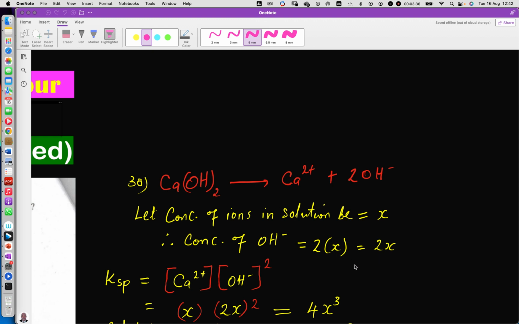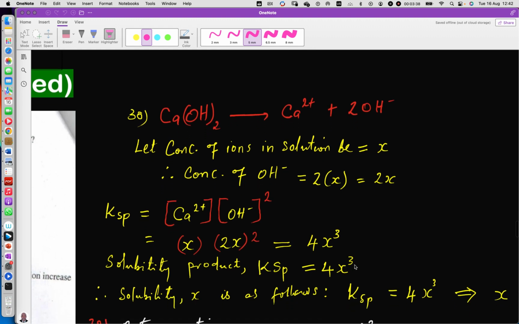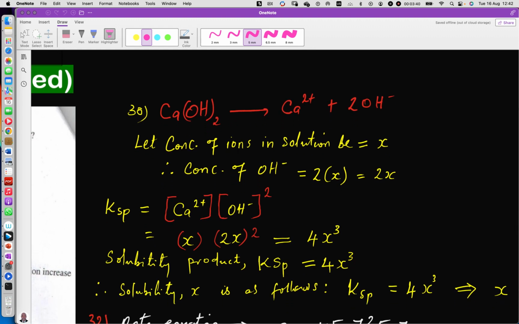Now we want to use our solubility product expression for this equation here. When we dissolve this in water, the KSP will be equal to the concentration of the calcium ion times the concentration of the hydroxide ion raised to the power 2.